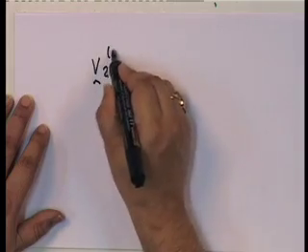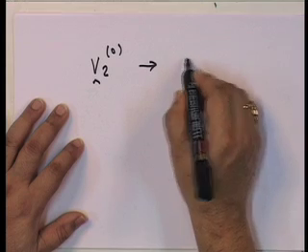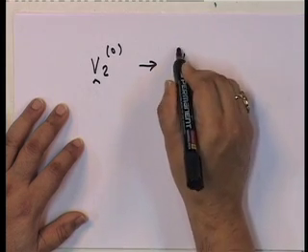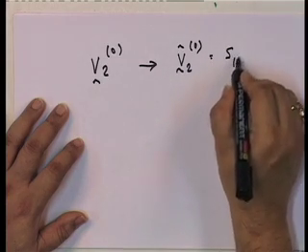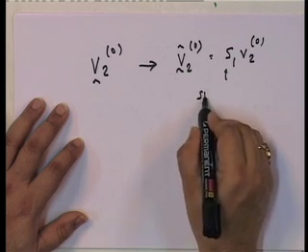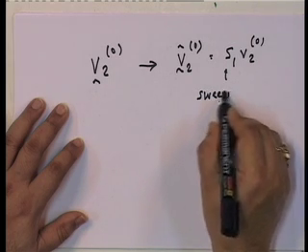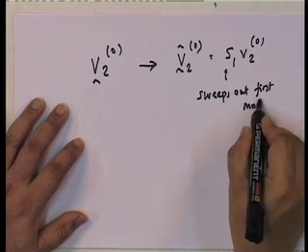So the first thing that I do is choose any vector V2 0. The first thing I do is sweep this, which sweeps out the first mode.